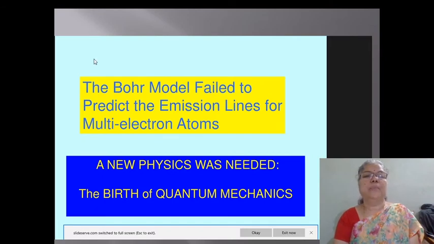Here the Bohr model failed to predict the emission lines for multi-electron atoms, and due to this failure a new branch of physics was introduced, which is quantum mechanics. In short, quantum mechanics is applied to multi-electron systems also.